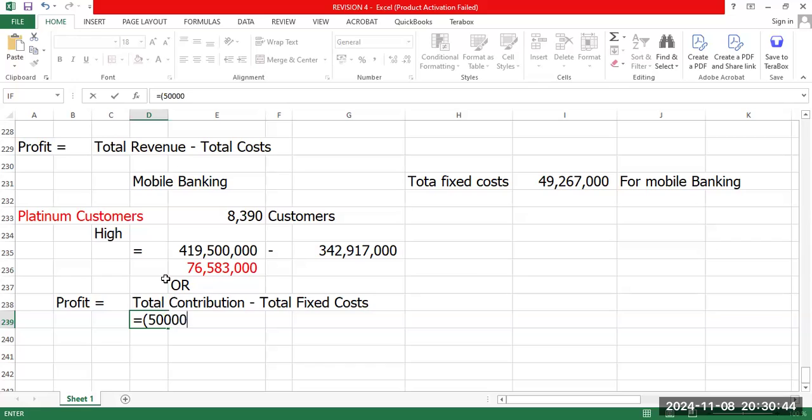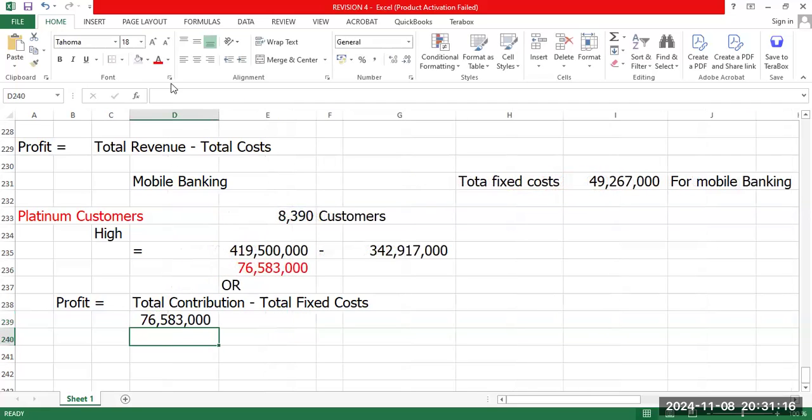I simply get 50 minus my variable cost, which is what? For high, 35. Then times the total number of customers, which is this one. Then the answer you get, I subtract fixed costs. Still you get the same answer.